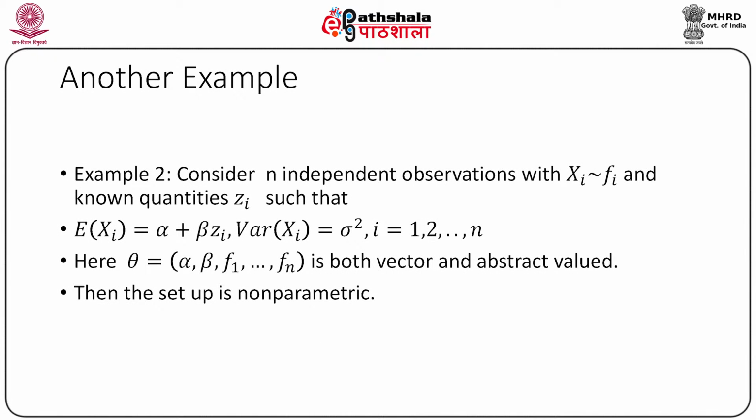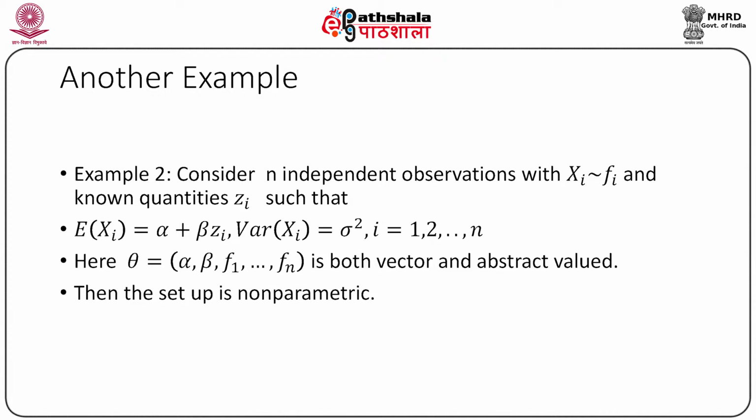Let us consider another useful example. Consider the linear regression setup with one non-stochastic covariate. Suppose xi are independent observations from the continuous density fi, where i runs from 1 up to n, with expected value alpha plus beta times zi, where zi are known quantities and variance of xi is sigma square, independent of any other variables.